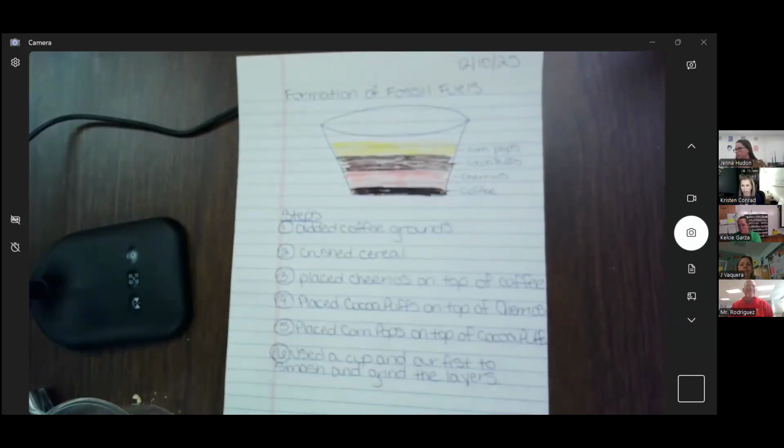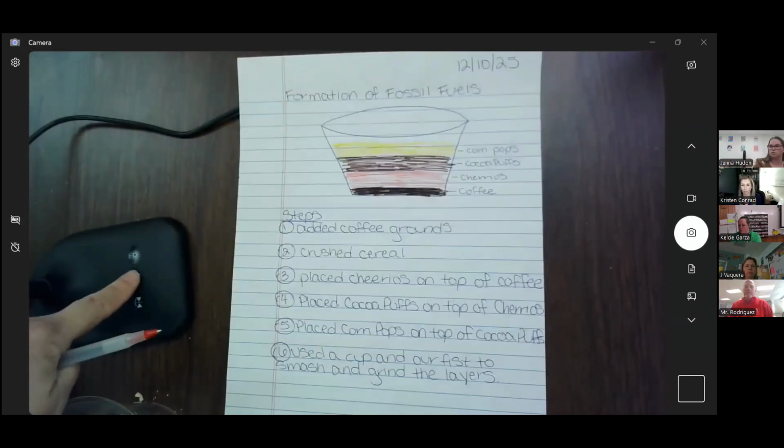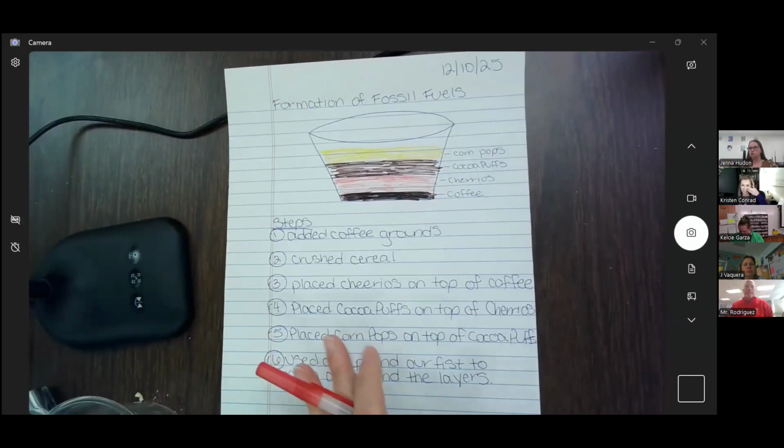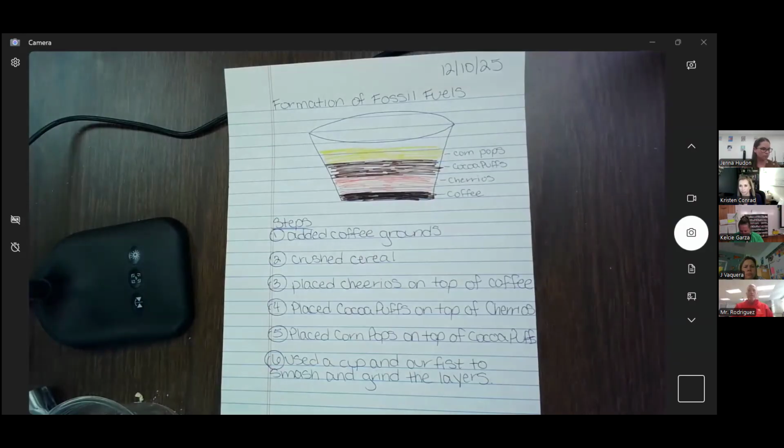It looks a little blurry on my end. Let me see if I can focus. There we go. Beautiful. So you have your title, your date, the drawing of your model, and your steps there. After your kiddos have crushed it with their fists, you're going to have them add this to their journal and write down all the things that occurred.